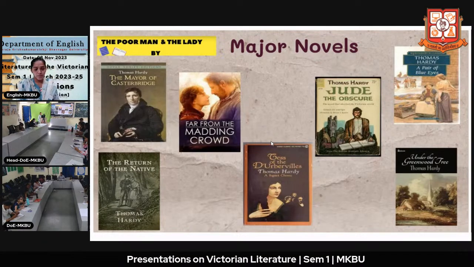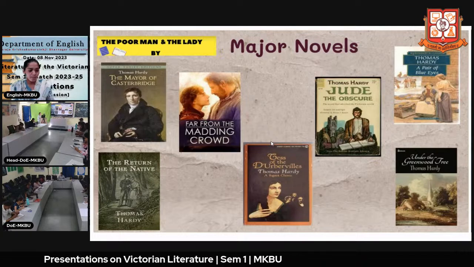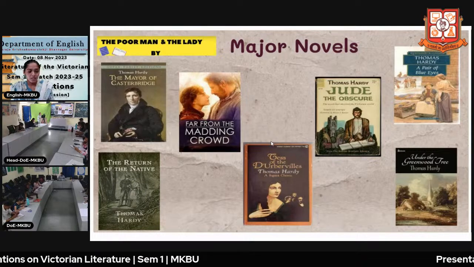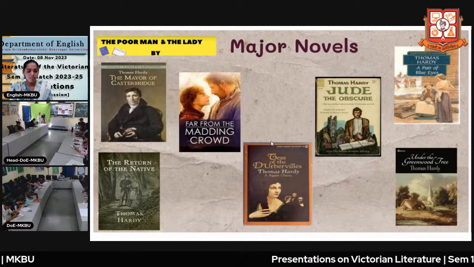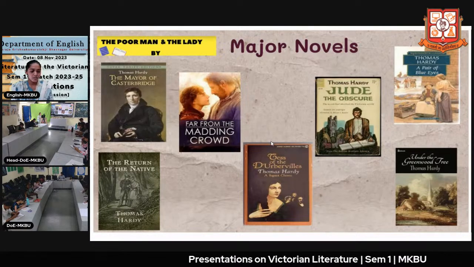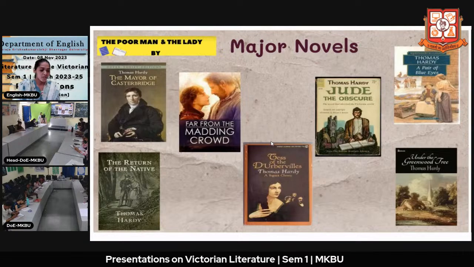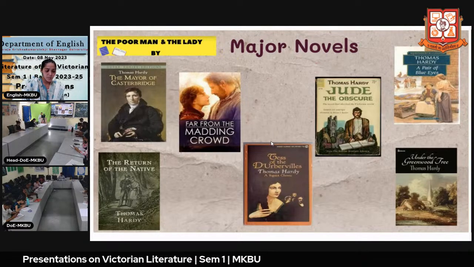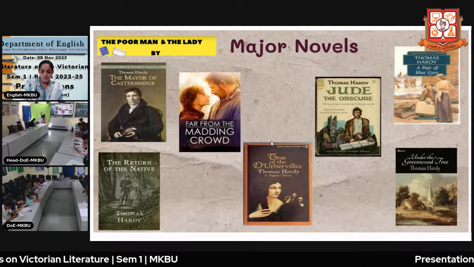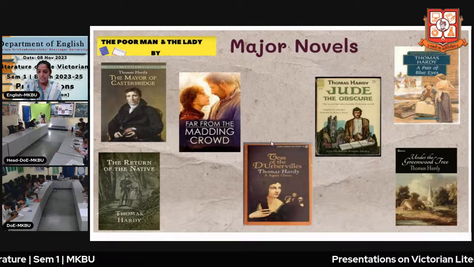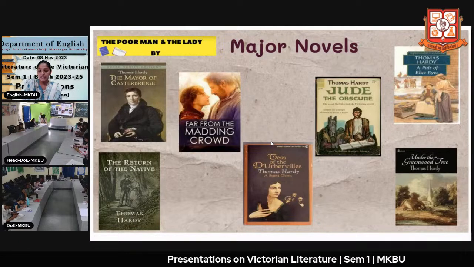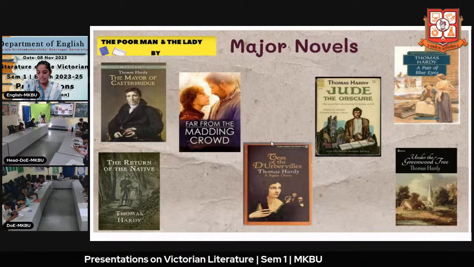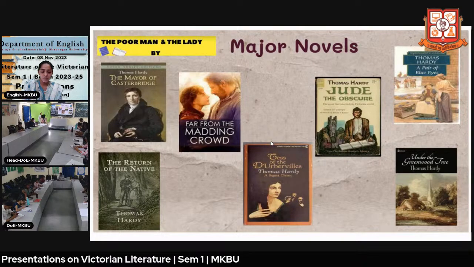Hardy's major works: first, Poor Man and the Lady, his first novel, but he could not publish it because of some issues. And second, The Mayor of Casterbridge, Far from the Madding Crowd, The Return of the Native, Tess of the D'Urbervilles, A Pair of Blue Eyes, Under the Greenwood Tree, and Jude the Obscure, which is the last of his novels.